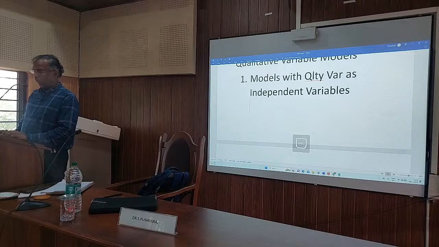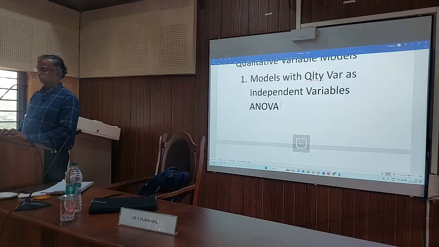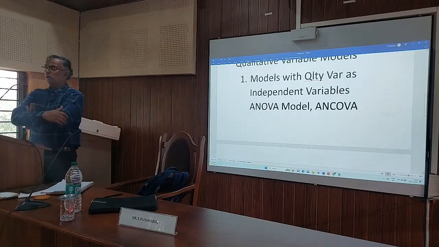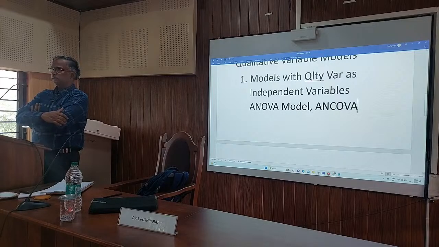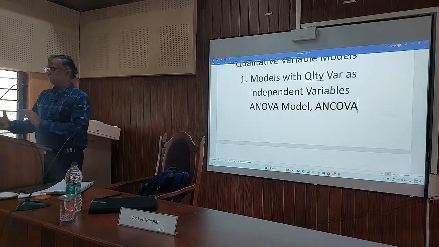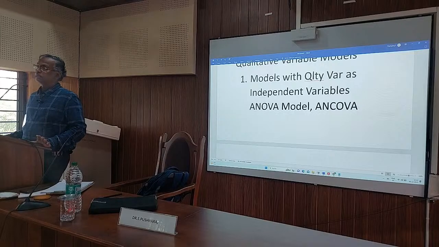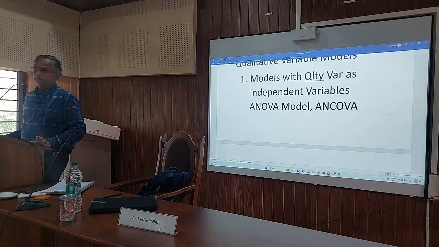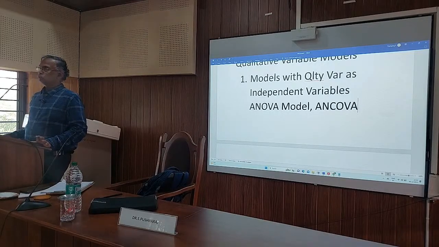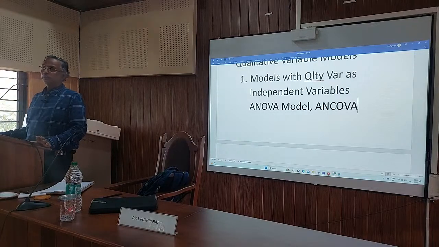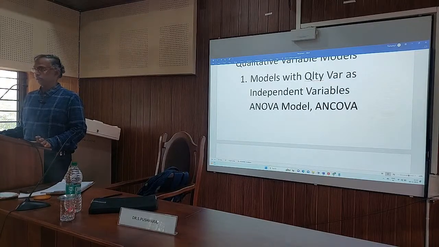One is the ANOVA model. The other one is the ANCOVA model. These ANOVA and ANCOVA models take the qualitative variables as independent variables, so you will have the qualitative variables on the right hand side of the regression equation.